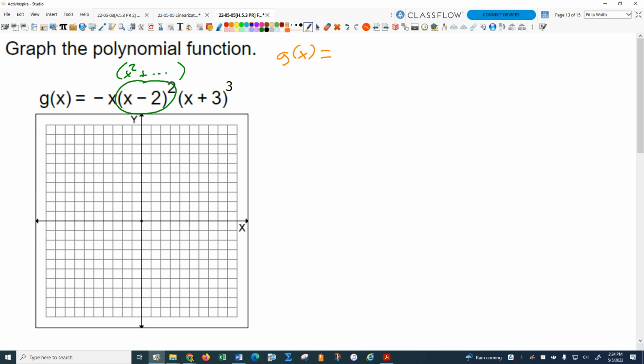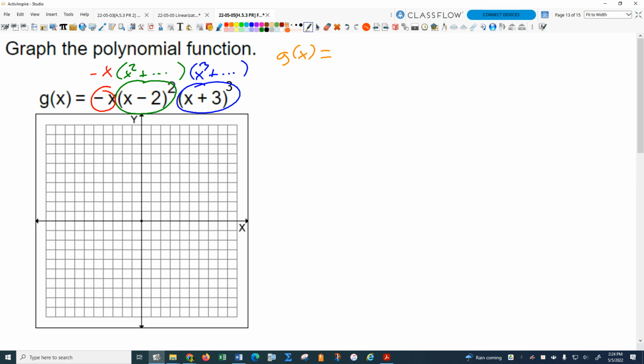What's the leading term of the blue factor going to be? x cubed, right? Everybody see where we're getting this stuff? Any questions on that? Okay. So I get x cubed plus some stuff. And then the red factor, the leading term is the only term in that factor, right? So that one's just negative x.